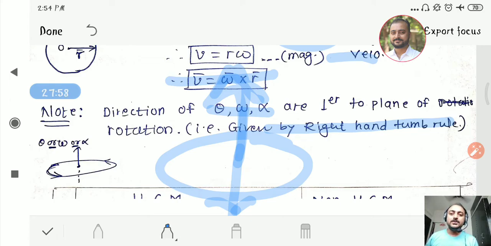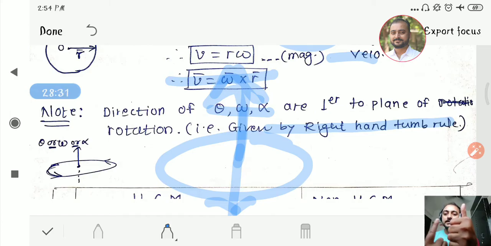Okay, so I will just revise this shortly, so everyone knows what the right hand thumb rule is. When an axis of rotation is held in your right hand in such a way that the fingers are curled around the axis of rotation and the thumb is outstretched, then the curled fingers show the direction of rotation of the particle, and the stretched thumb gives the direction of theta, omega or alpha.